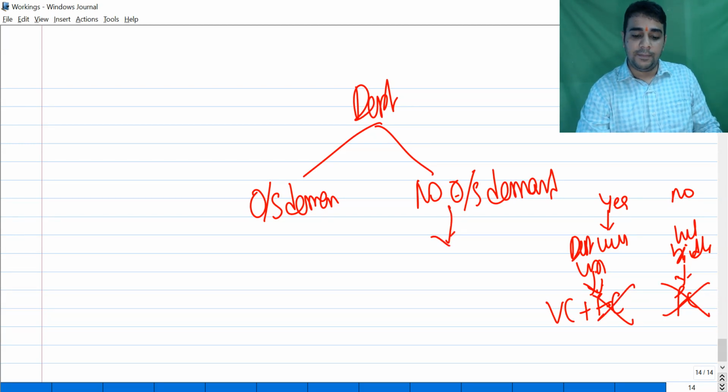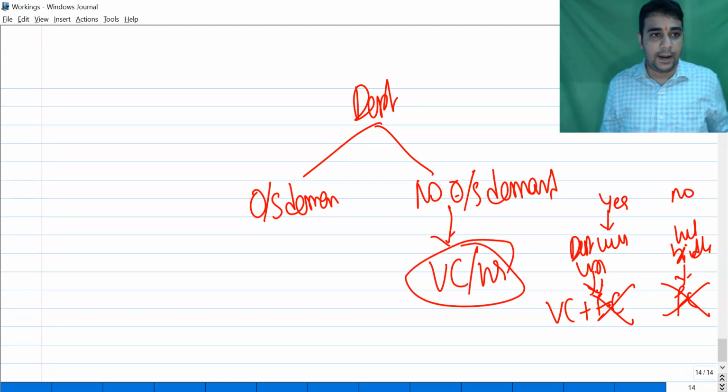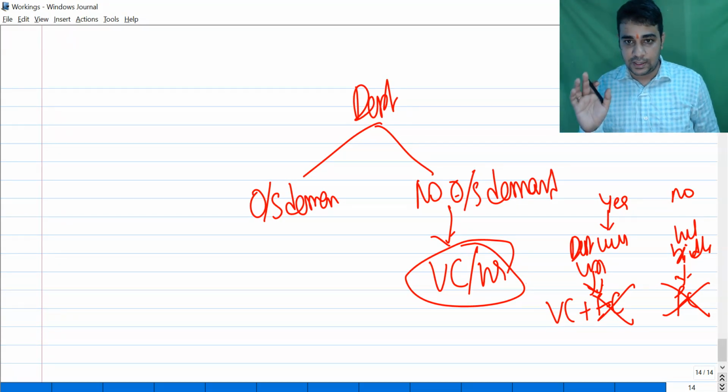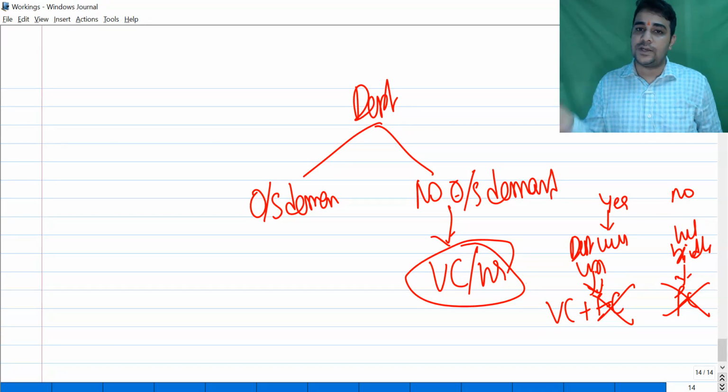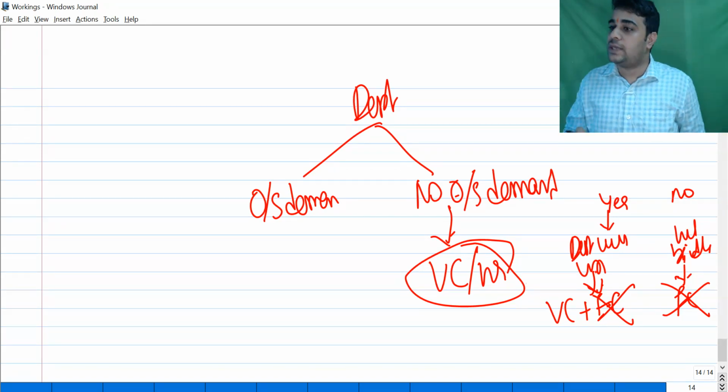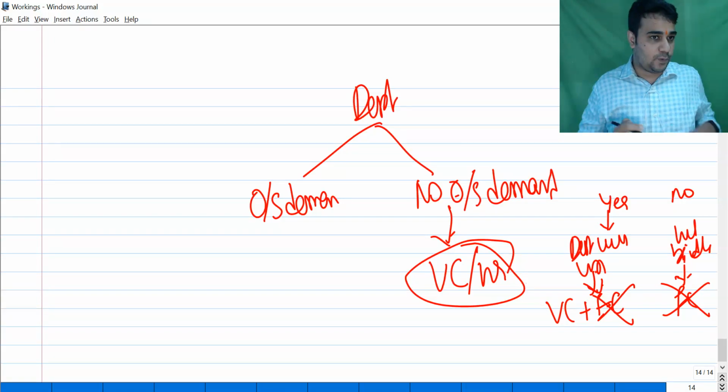No outside demand, the relevant cost is variable cost per hour. Whatever is the variable cost of that department, that is what is relevant. The question will give you variable cost, fixed cost, transfer price, profit, lot of things, but I am least bothered about any of them. If you don't have outside demand, the only extra cost I incur is variable cost.